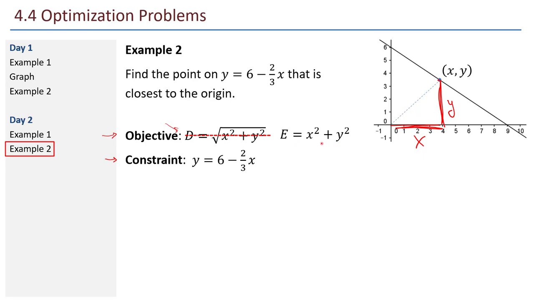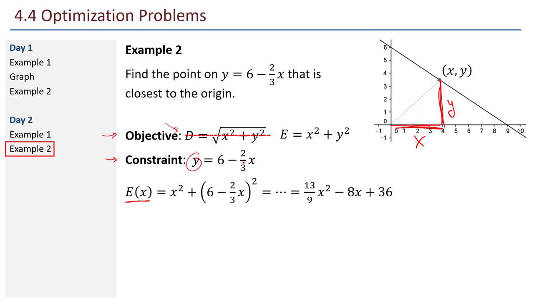Alright then, what do I do next? Let's make my objective function into a function of one variable. I can take my constraint and substitute in, and doing a little bit of arithmetic, we find out that e of x is 13/9 x squared minus 8x plus 36. Now what? Take the derivative.